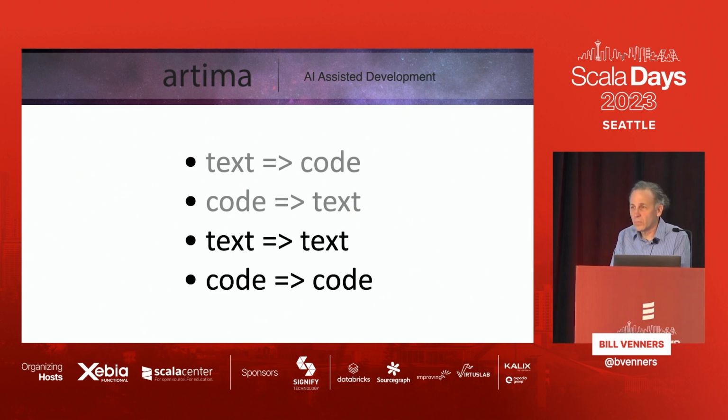And text to text, I think, is really useful too. This is using an LLM to just ask about the stuff that you're working on, like how does this function work? I could paste in the h of x and say, what's it doing? And it could explain it to me.